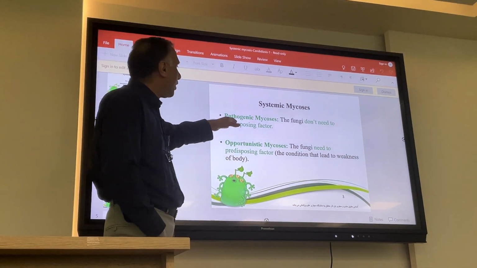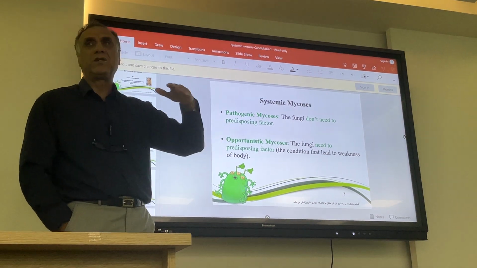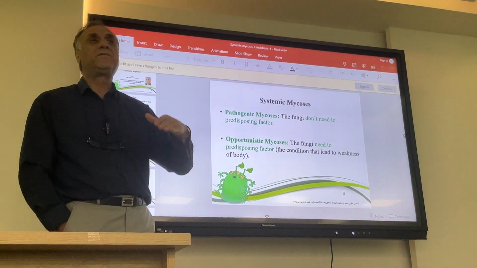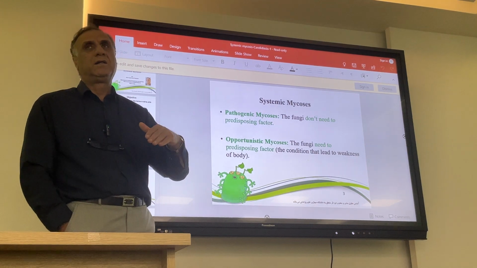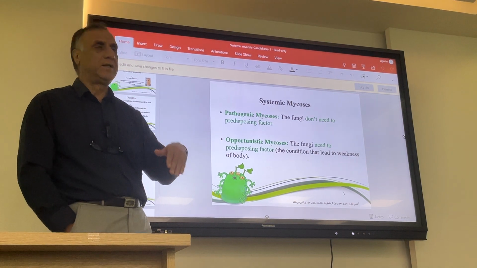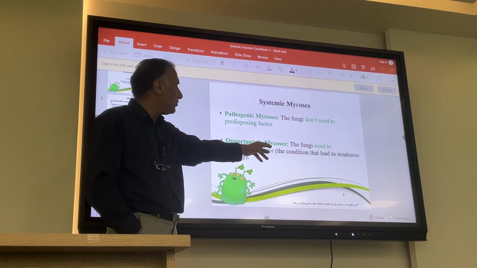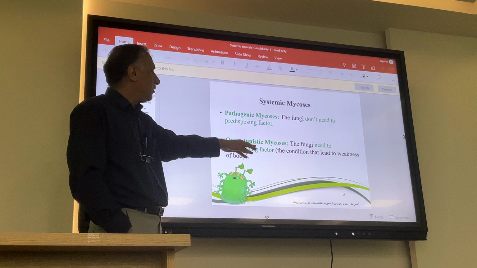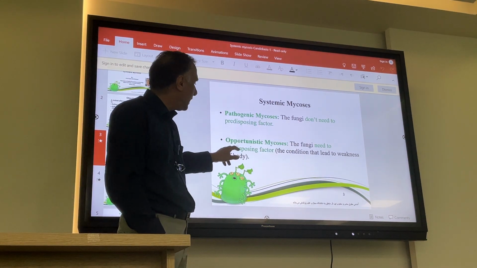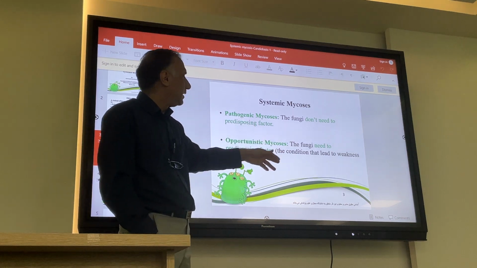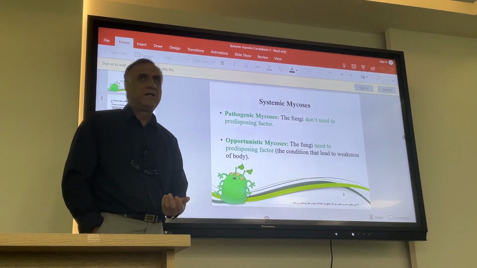Some of fungi are pathogenic fungi, true pathogenic fungi. Some of them are opportunistic pathogenic fungi. The opportunistic fungi, to make infection, need a predisposing factor, a condition that leads to weakness.